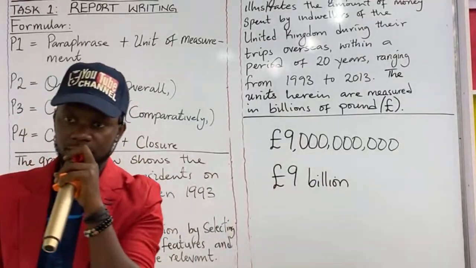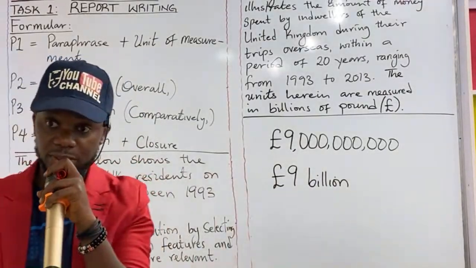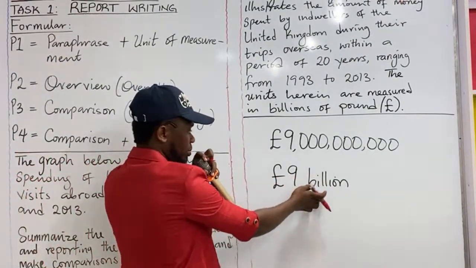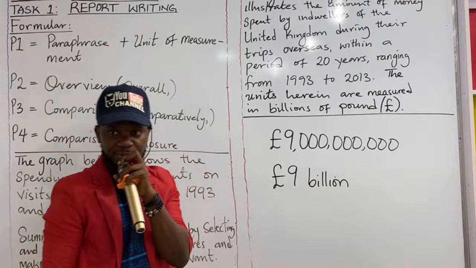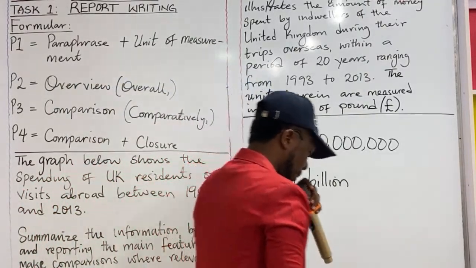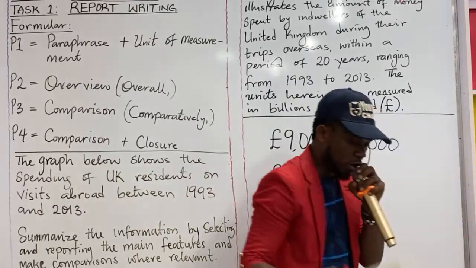It shouldn't be in bracket because you're trying to express it: 9 billion pounds.